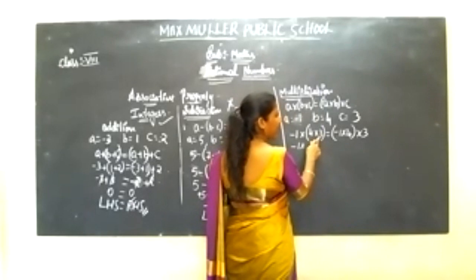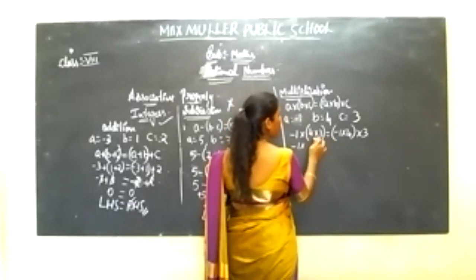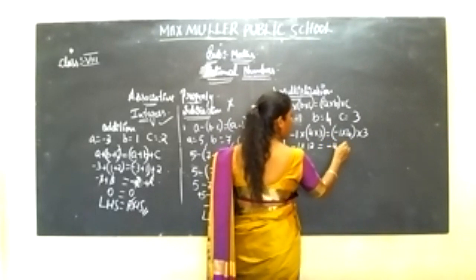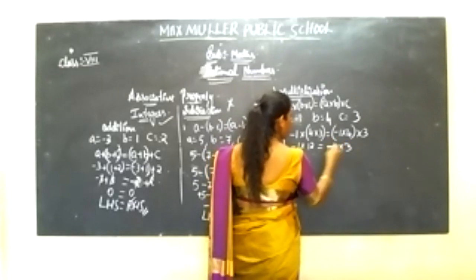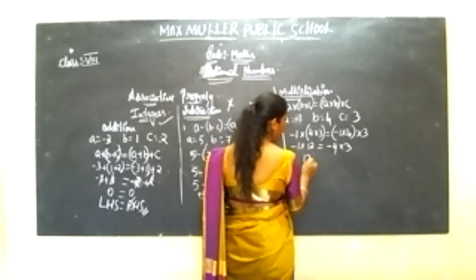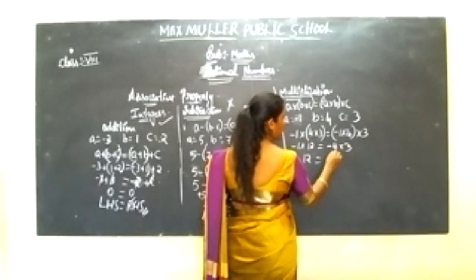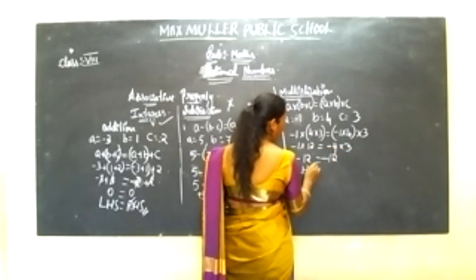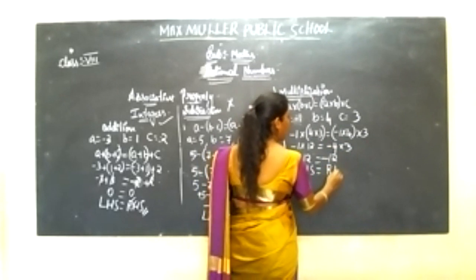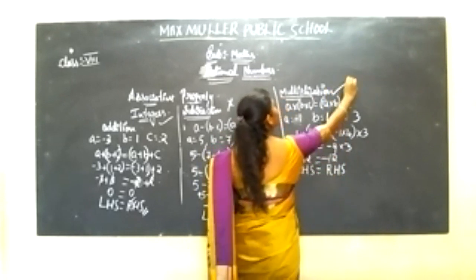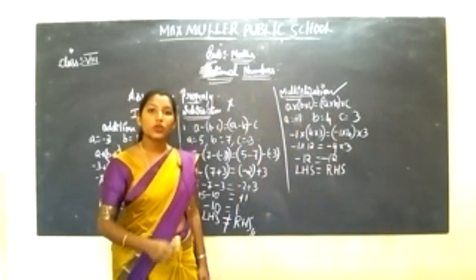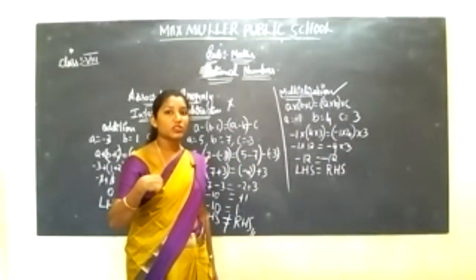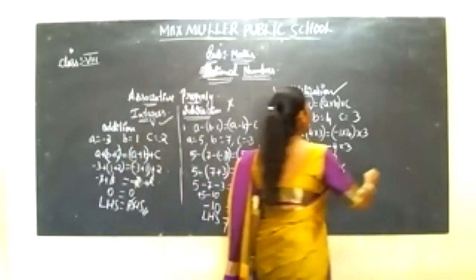So you simplify what is in the bracket first. 4 3s are 12, 4 1s are 4, but minus 4 into 3, so this is 12 1s are 12, minus 12, 4 3s are 12, plus into minus. So here both have minus 12, LHS is equal to RHS. This condition holds good and it satisfies the associative property under multiplication.